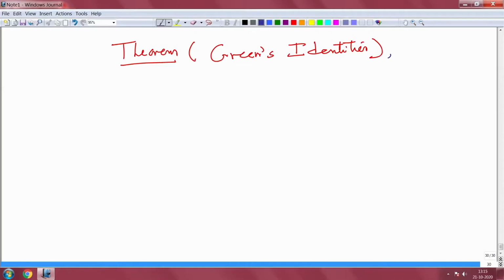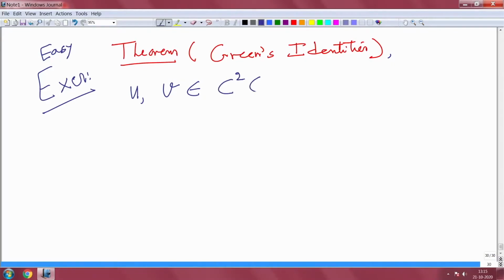Now, assuming the previous result, this is an easy exercise, not difficult. Let u, v belong to C2 of the closure of Omega. Apply the previous divergence theorem, that is all.